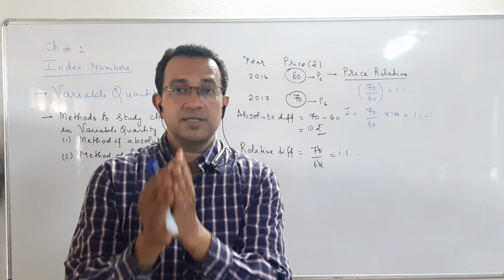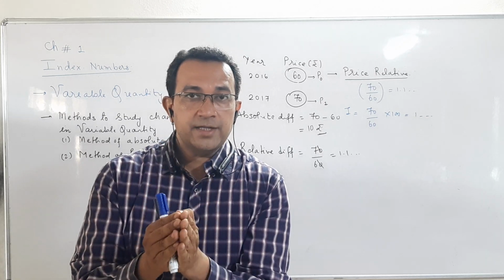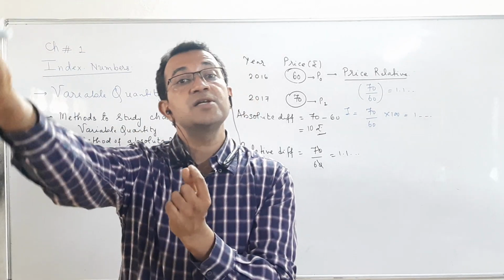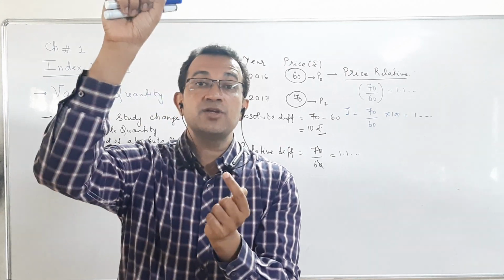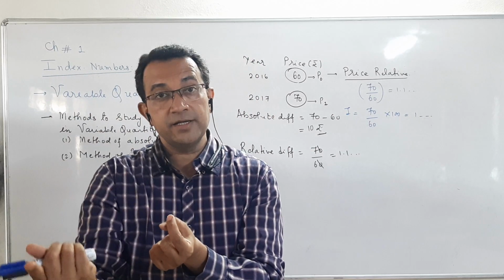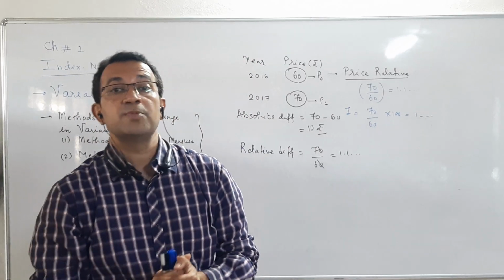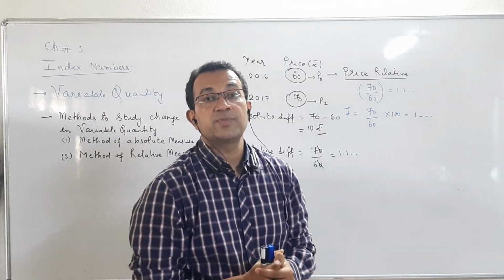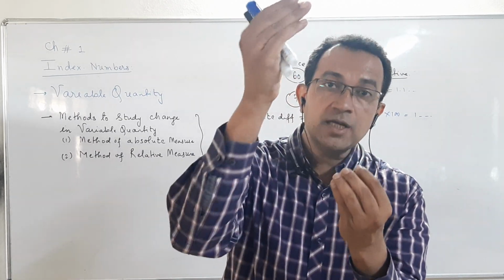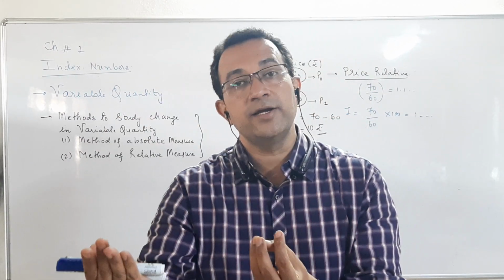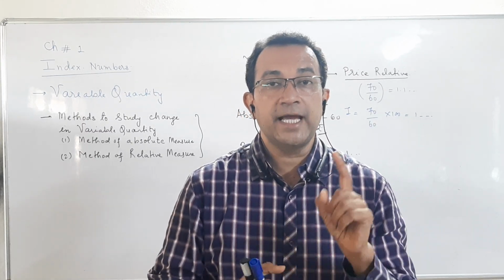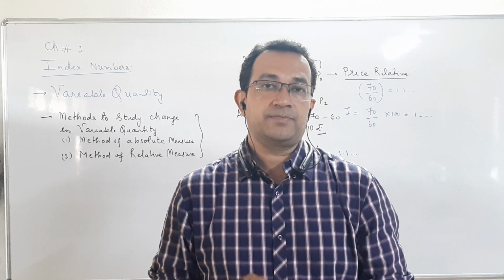So in index number, we compare a current year's value with a past year's value and take the ratio of the current year's value to the past year's value multiplied by 100. Whenever, students, the ratio is multiplied by 100, we express it in terms of percentage. And P1 upon P0 into 100, whatever the answer is, students, that answer is called an index number.